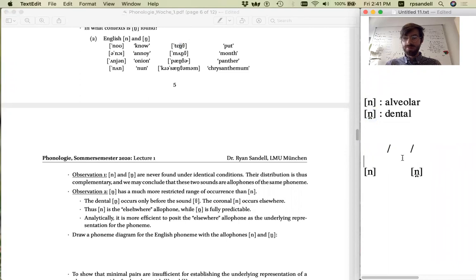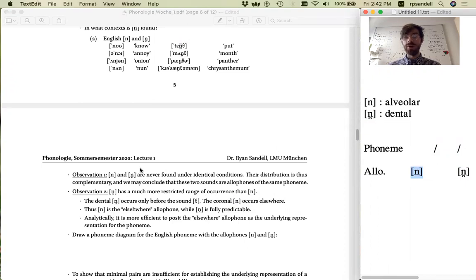So here are our two. We have some phoneme here, and its allophones are down here. The question is what we want to choose to be that underlying phoneme and how we derive those two allophones. As we've said here, it looks like the alveolar nasal is what we would call the elsewhere allophone.